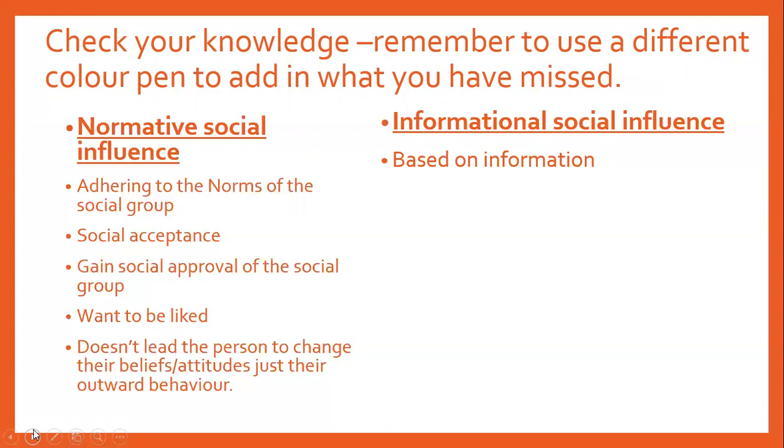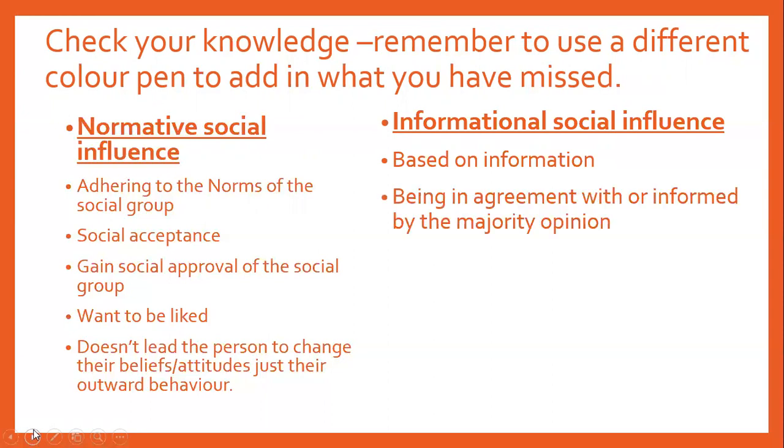So it's the information that you receive, and either you are already in agreement because you agree with that information or you're getting informed by that majority's thought processes. So they're giving you the information, you're going to think about it, and in turn you might change your opinions.